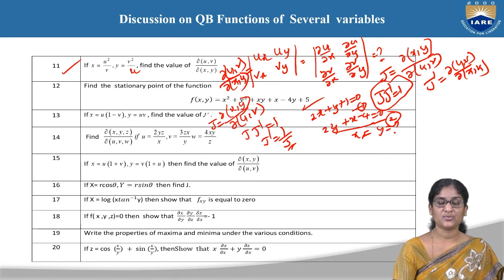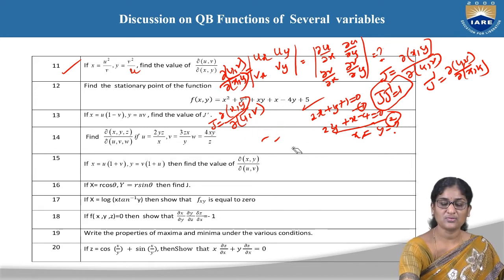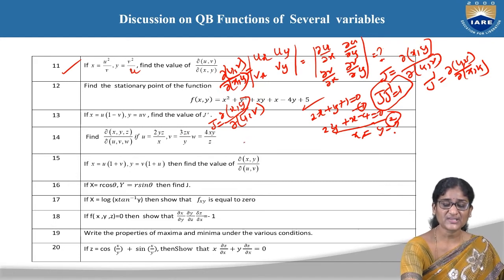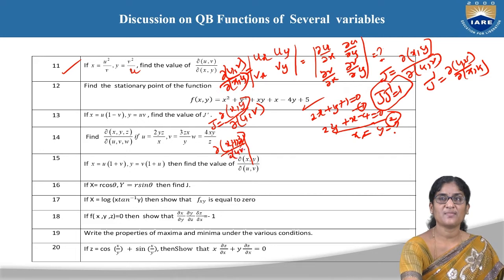Now next, 13th question. The 13th question is similar to that of the 11th question, but here it asks the triple variable function. That means we need to find out the Jacobian value of 3 variables with respect to another 3 variables. So how to find out the Jacobian value of these three variables here? It is nothing but dou of x comma y comma z divided by dou of u comma v comma w.